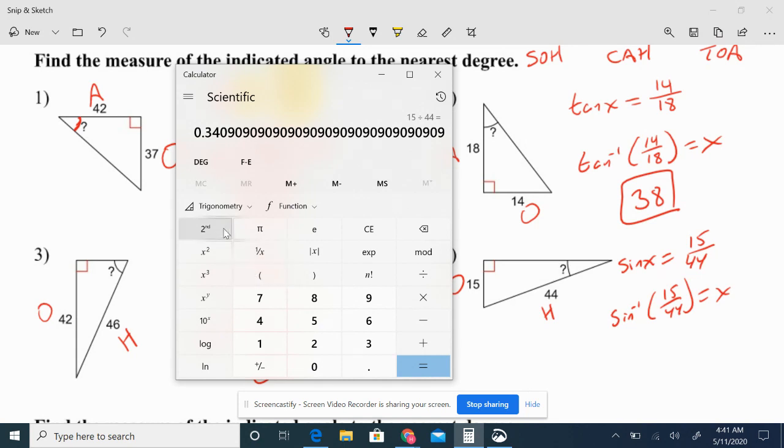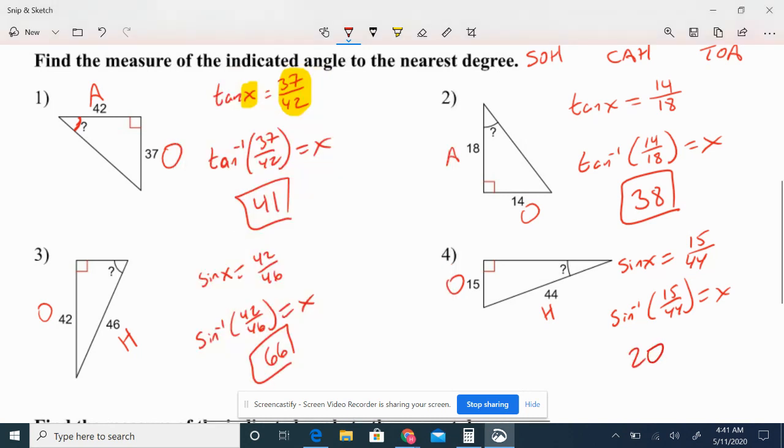Then I go to my trig function. I have to press second. Sine inverse says 19.9. So the nearest whole number, I'm going to call this 20. So we're going to have to do inverse to find the nearest degree. In my examples, I had tangent and sine. In your homework, you could have either sine, cosine, or tangent.